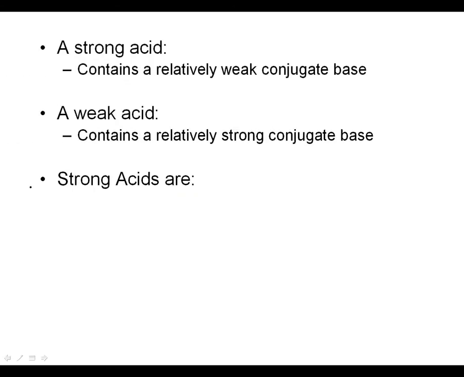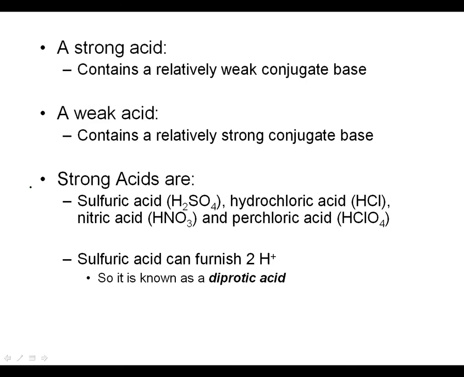A couple of important relationships we see in terms of our acids and conjugate bases, and our bases and conjugate acids. An acid plus a base in this reaction gives us our conjugate acid and our conjugate base.